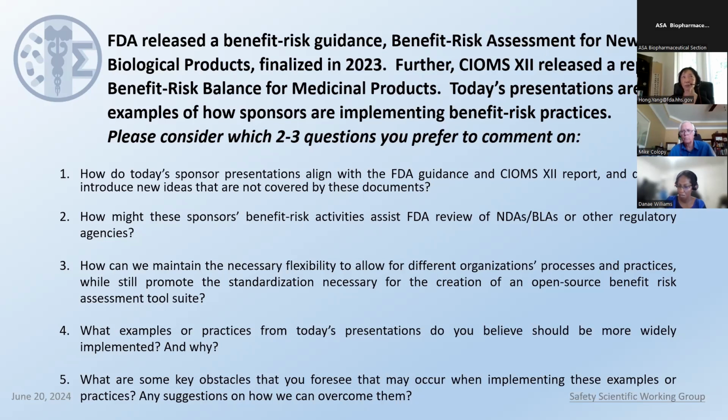So more specifically, for example, in some situations, maybe uncertainty is the major thing. Uncertainty of the benefit evidence or risk evidence. In that case, maybe sensitivity analysis or another approach to address uncertainty is more important.